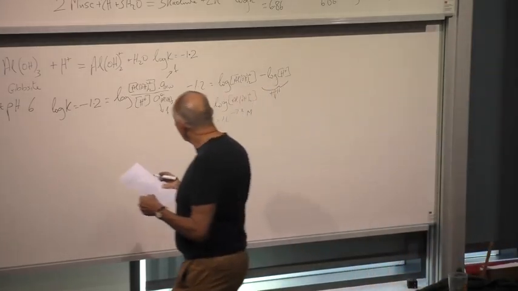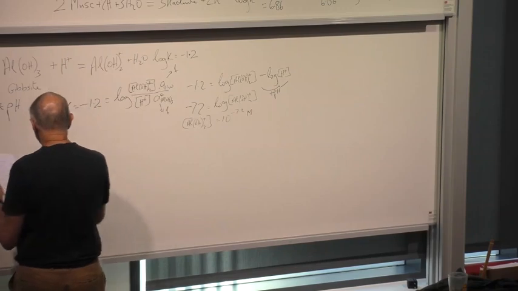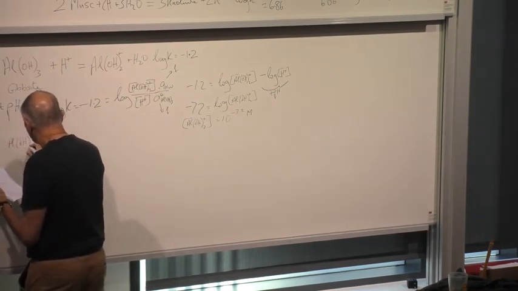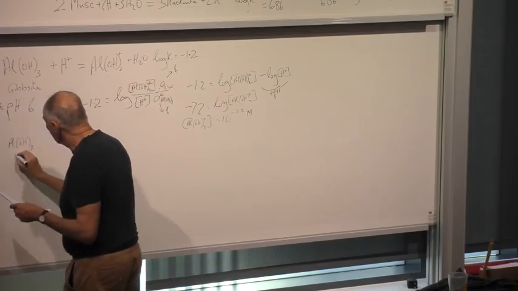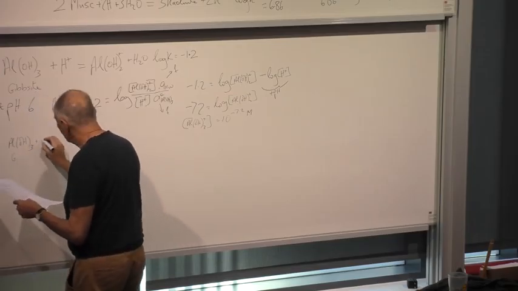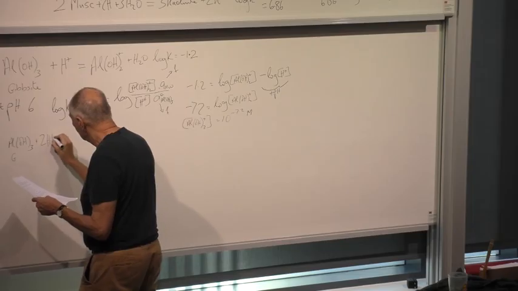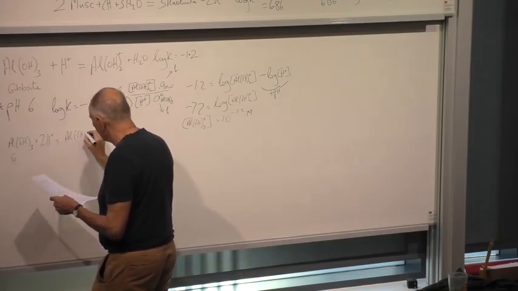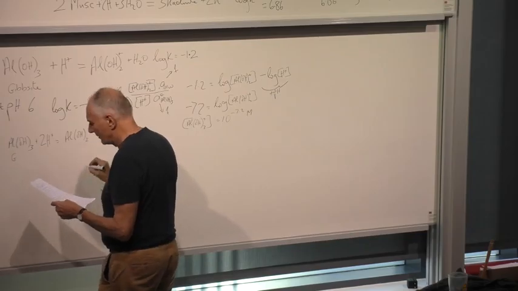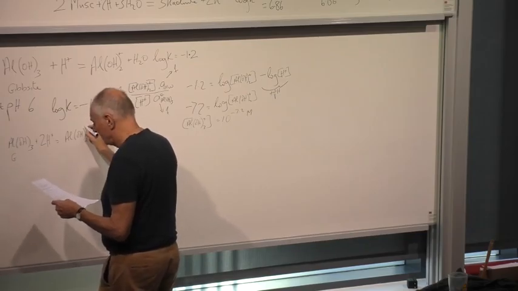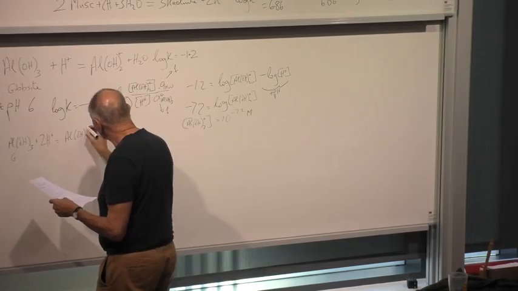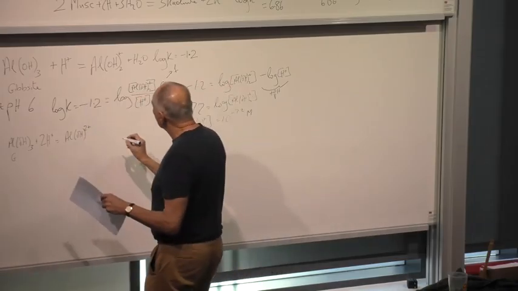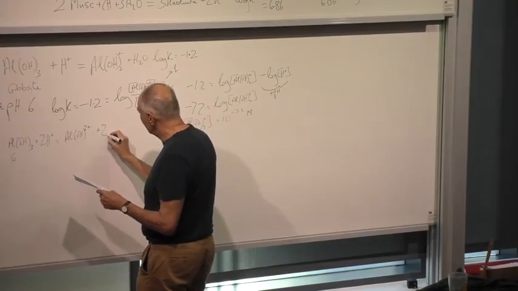Well, let's think about some other possibilities. There are other species. We can look at this one. Gibbsite plus 2 hydrogens, and that makes AlOH2 plus 2H2O.